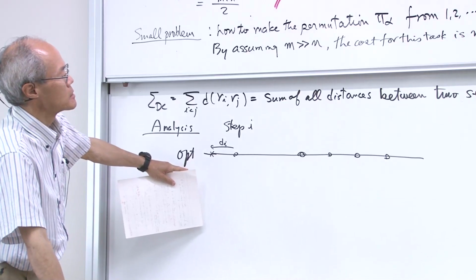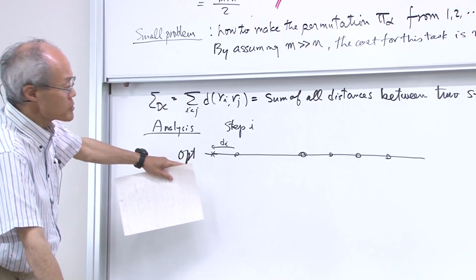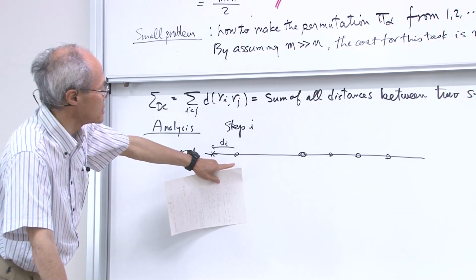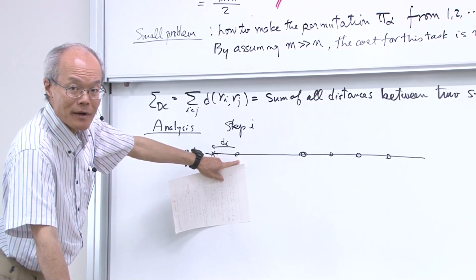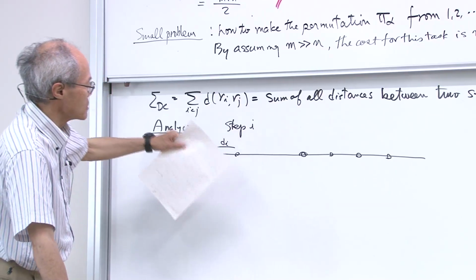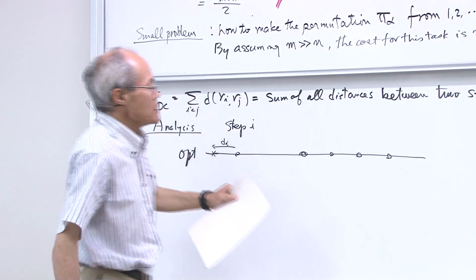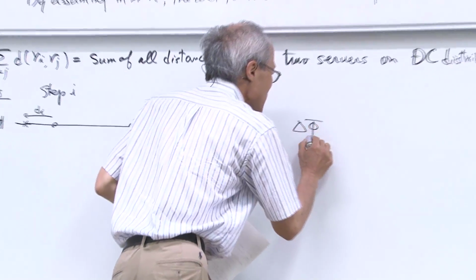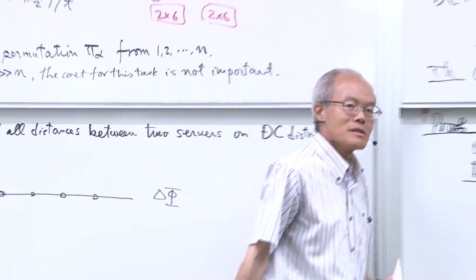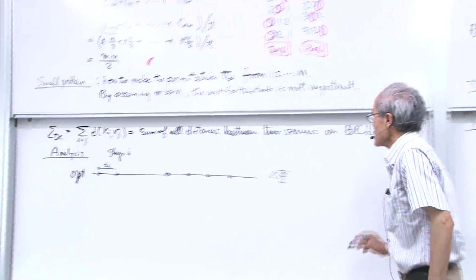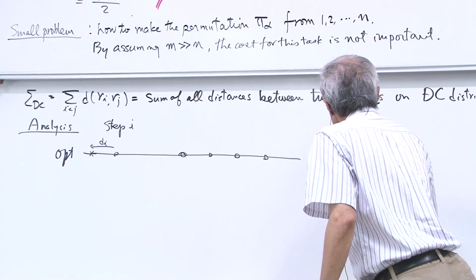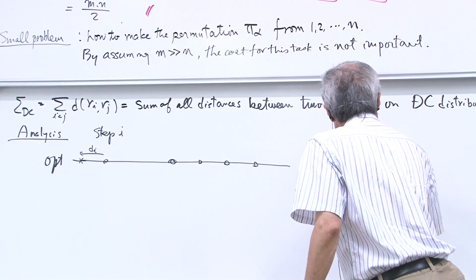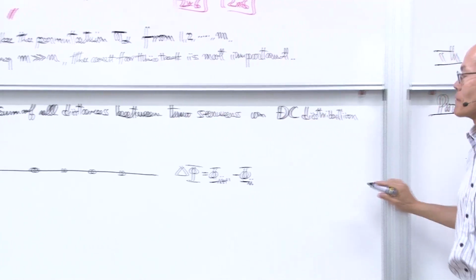This is opt. Suppose that at step i, a request comes here, and opt moves this server to the requested point. Then, what is the difference of phi?